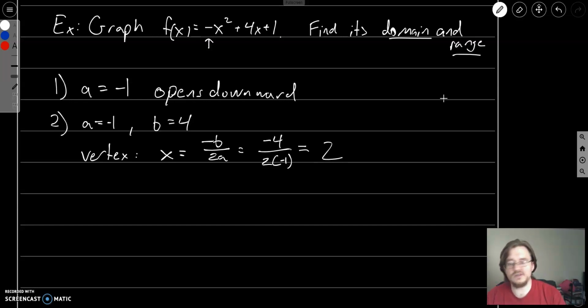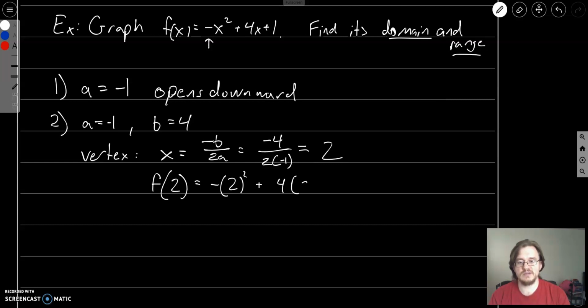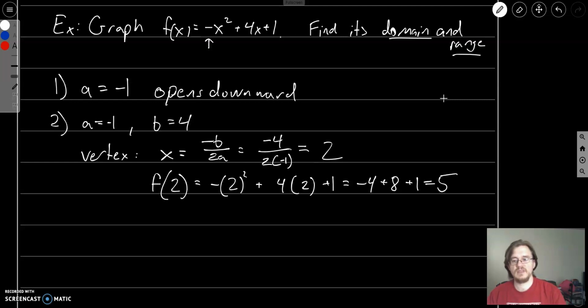The y value is just the height of the function, and this is going to be exactly what we get if we plug 2 into our function. So we'll plug 2 in. So negative 2 squared plus 4 times 2 plus 1. Negative 2 squared, this is going to be negative 4. 4 times 2 is 8, plus 1 is 5.